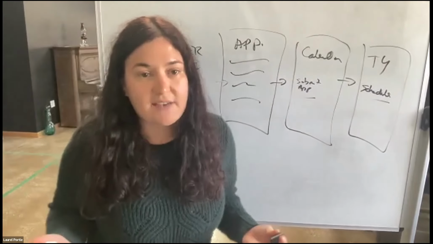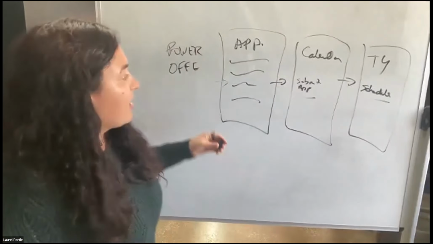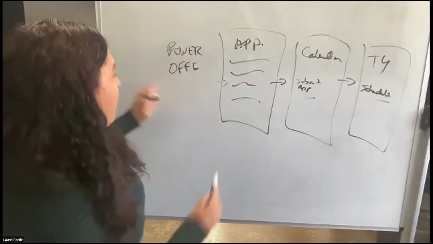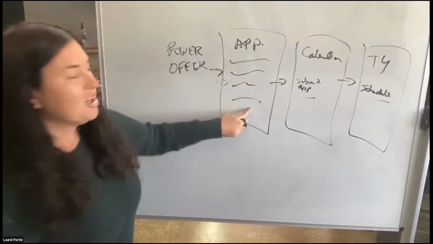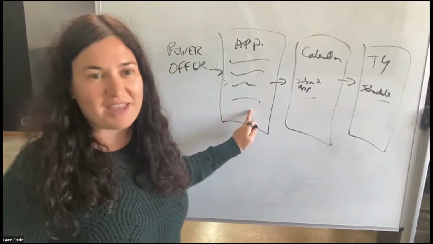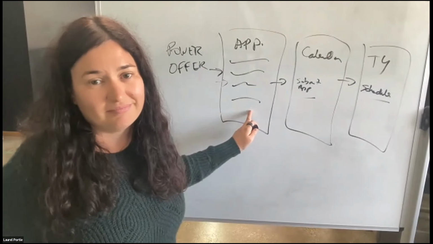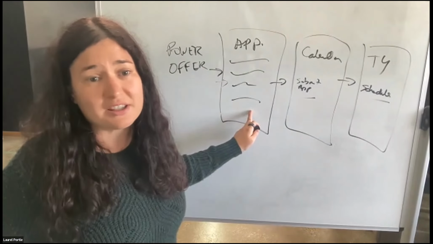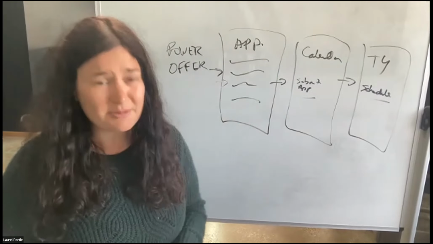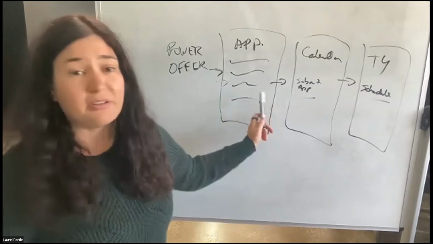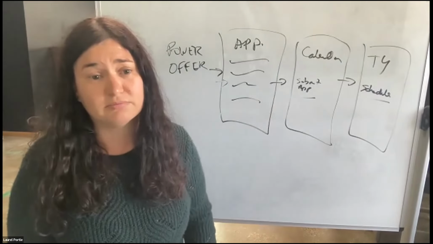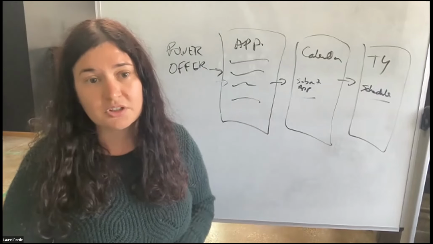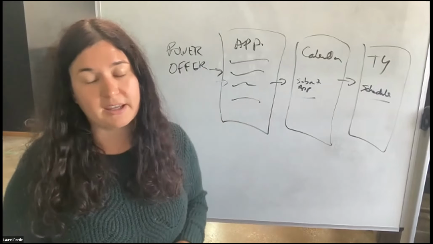Now, I have people that are actually running this power offer straight to their Calendly link. Some people aren't even using the pixel. Some of my clients, they don't care. They just care about the amount of traffic coming through Calendly. So this can be as easy or as hard as you make it.